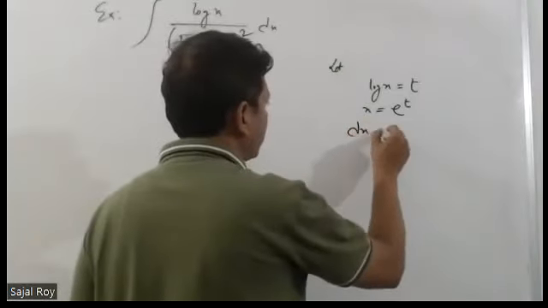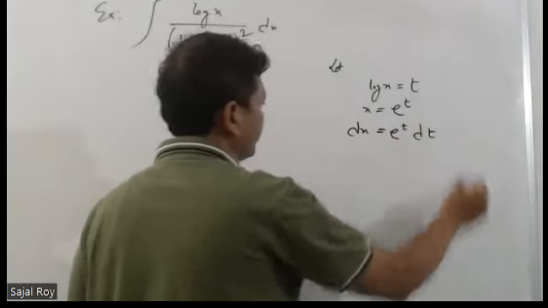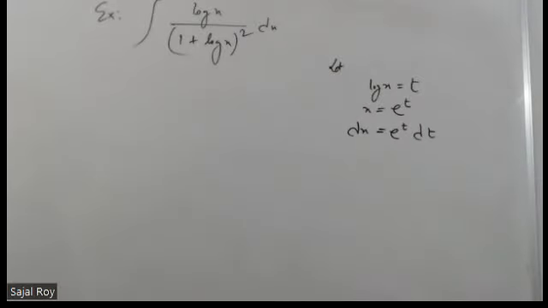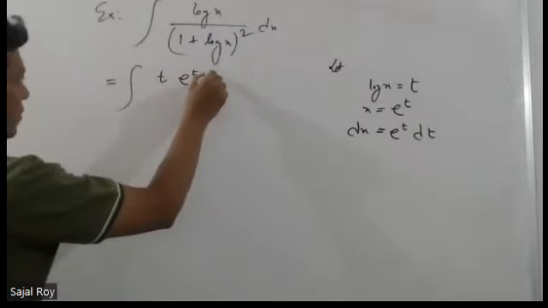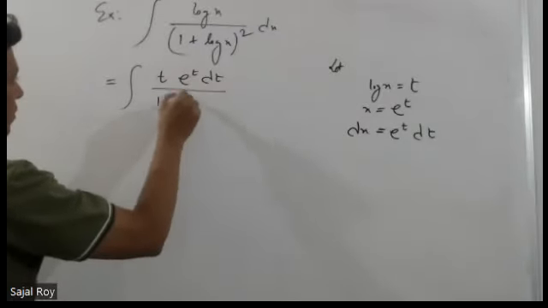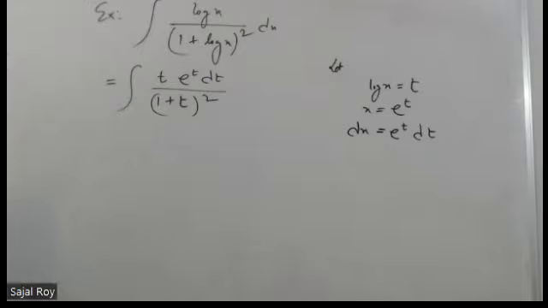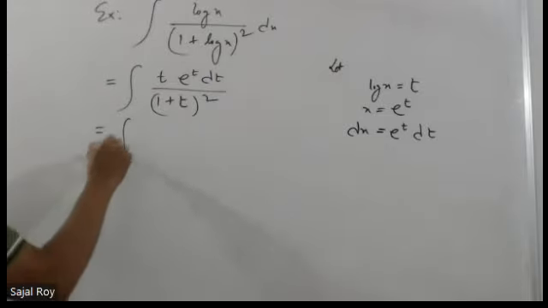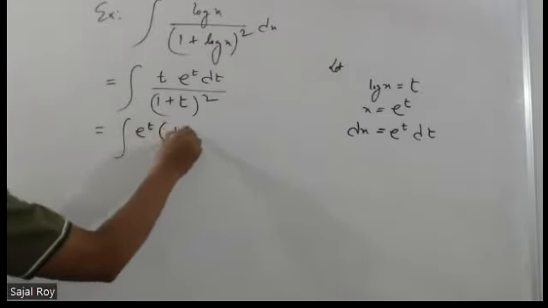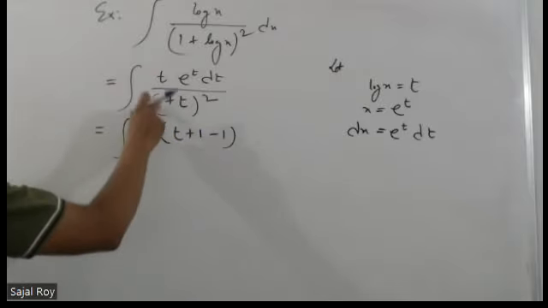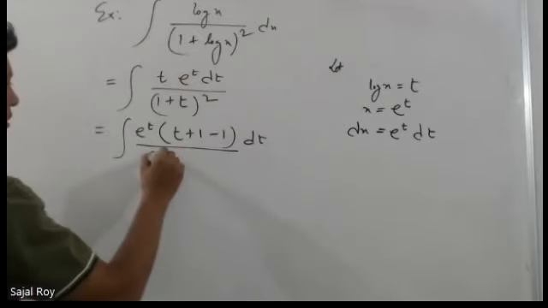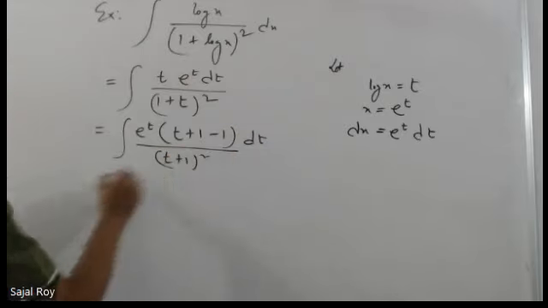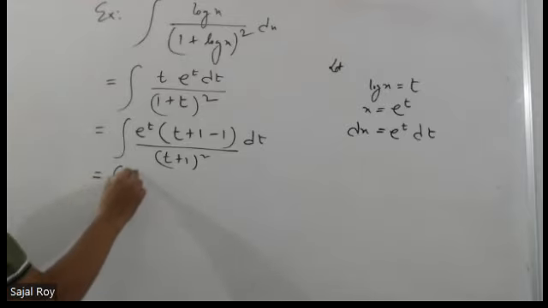What is your dx? Right. So let me replace. t plus 1, so I am writing t plus 1 minus 1 in the numerator. Correct? Split.